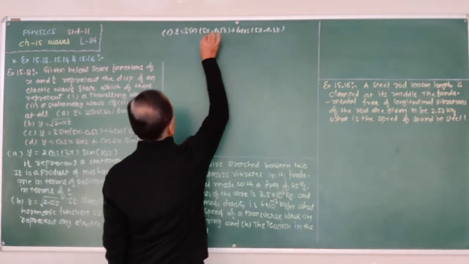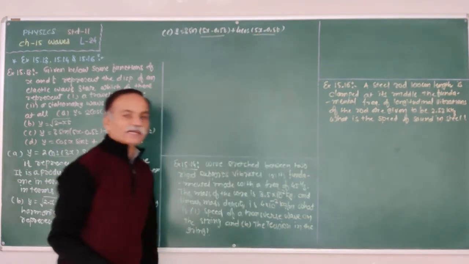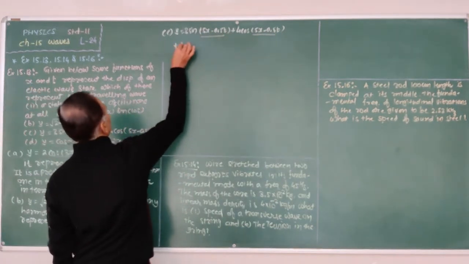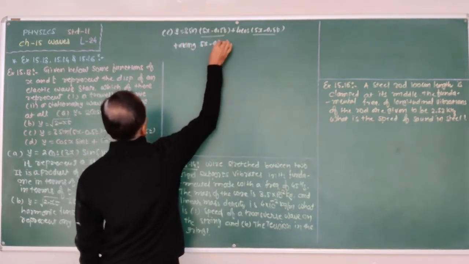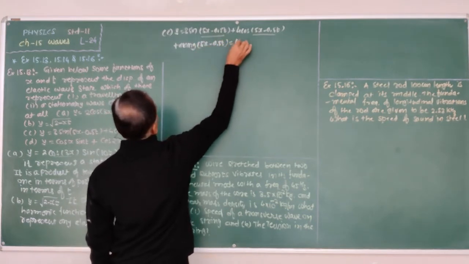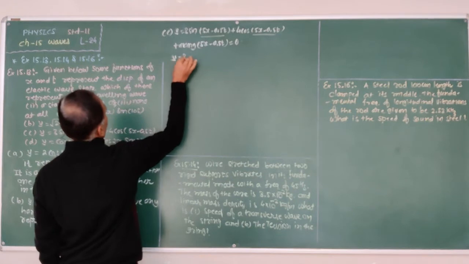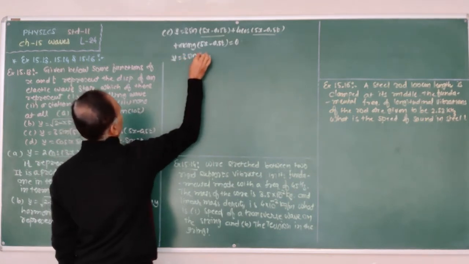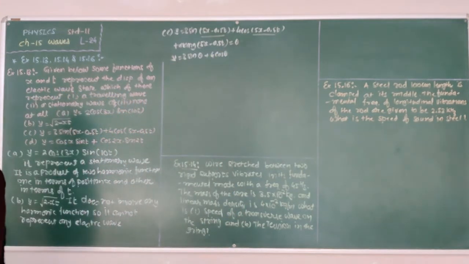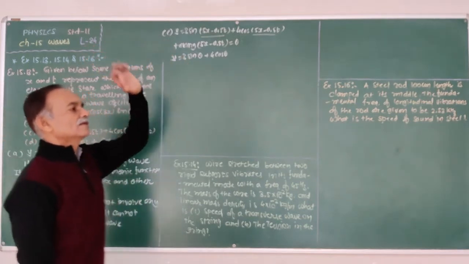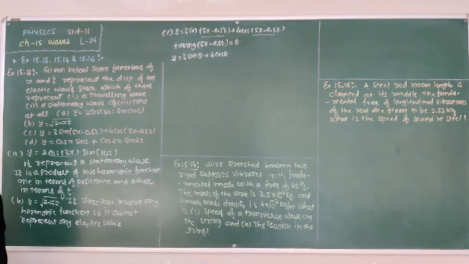Now in this equation, these two terms have the same argument, and we consider it as theta. So taking πx minus 0.5t as theta, our equation becomes y is equal to 3 sin theta plus 4 cos theta. So this equation is similar to y is equal to a sin(theta plus phi).